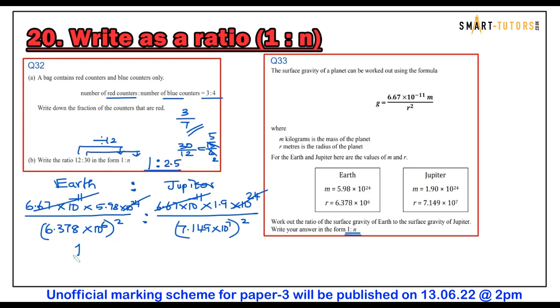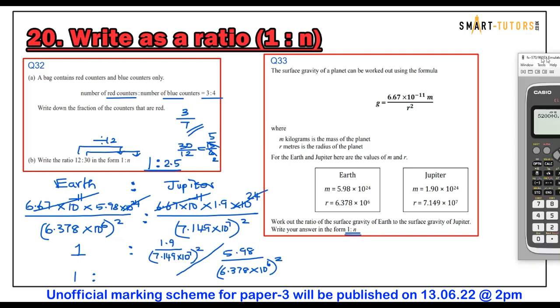So this becomes 1 and the ratio 1:n is going to be 1.9 over 7.149 times 10 to the power 7, whole thing squared, divided by 5.98 over 6.378 times 10 to the power 6, whole thing squared, right? So 1:n, this is the answer.